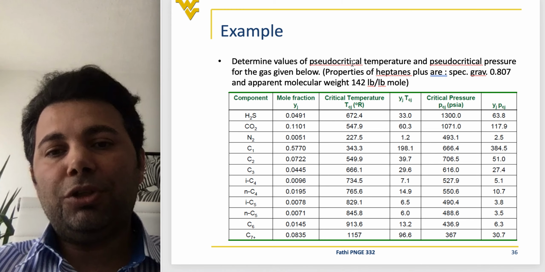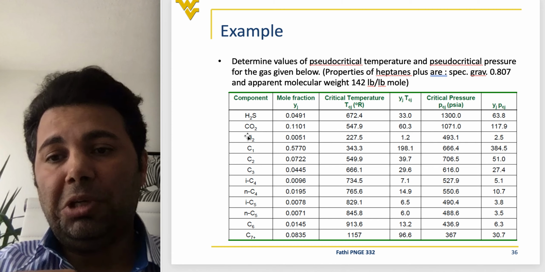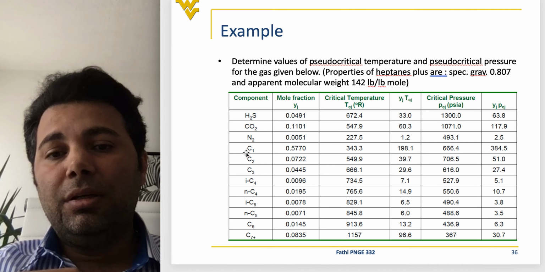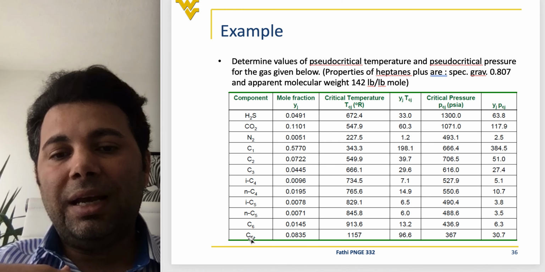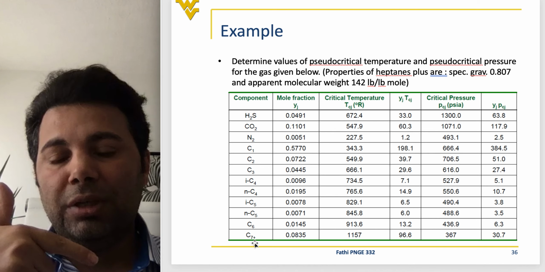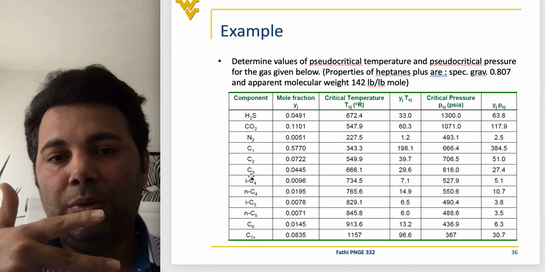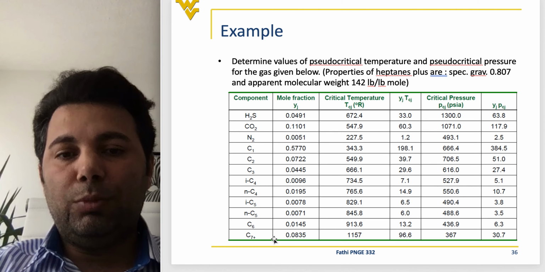So I'll give you a mixture very similar to this. You will have the H2S and CO2, non-hydrocarbon components, some pure components, like two components like C2 and C4 or C1 and C6, and then you will have the heptane plus. So I include the non-hydrocarbon components, the heptane plus, and some pure components. And I'll ask you to find some property of this mixture given their mole fractions.